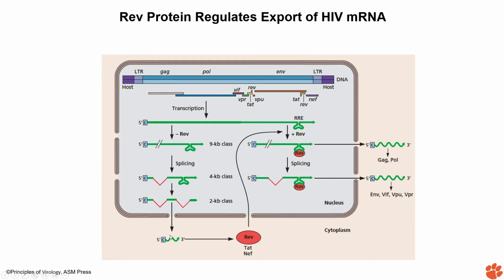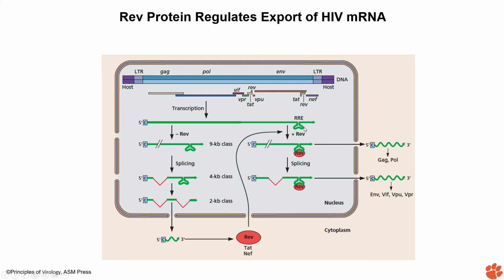And this small mRNA is transported into the cytoplasm, which makes the protein Rev. Rev is transported back into the nucleus. And the full-length mRNA of HIV, or of the complex retroviruses, is a plus genome RNA as well.